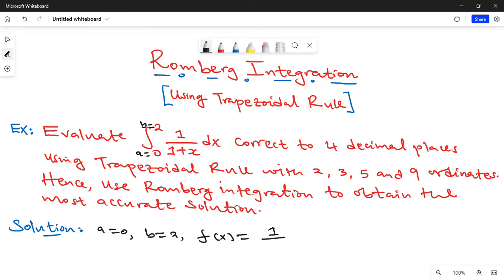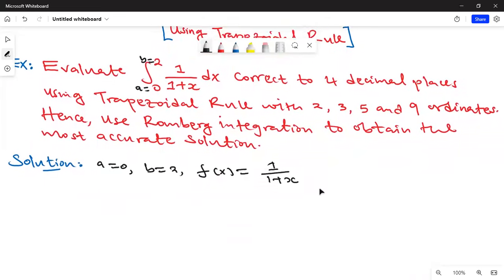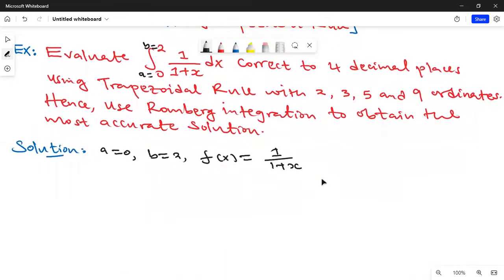Remember, we are using the trapezoidal rule to obtain the initial estimates. And remember the formula for the trapezoidal rule, just to recall.